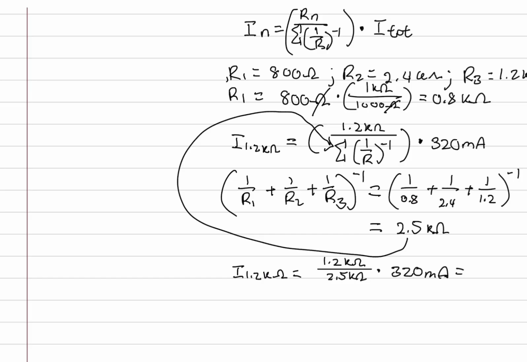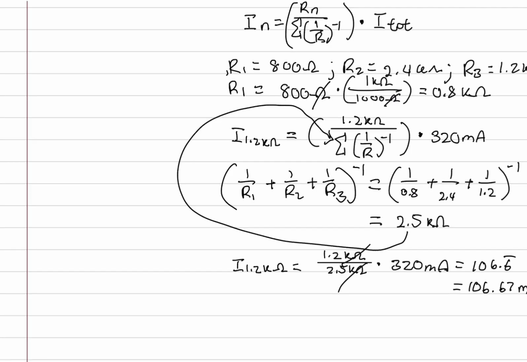If we plug that into our calculator, I get a value of 106.6 on repeat. I'm going to round that to 106.67, and don't forget our unit, milliamps, because the kilo ohms cancel out.